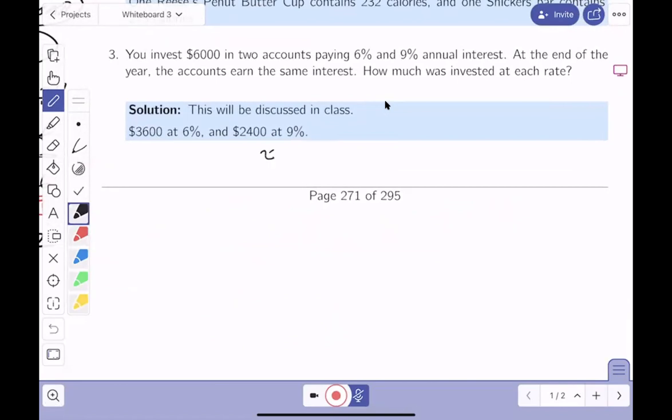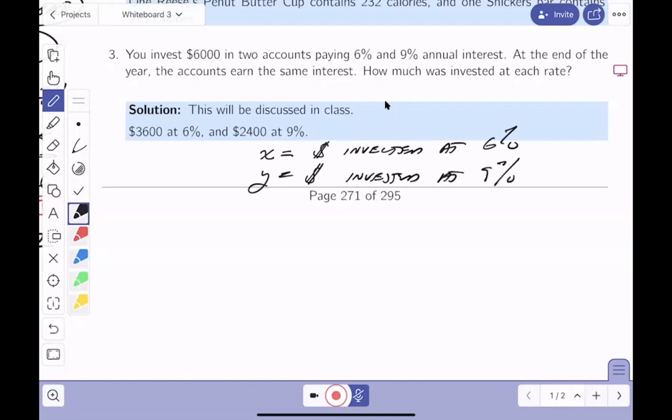I'm going to say X is the amount of money invested at 6%. And I'm going to say Y is the amount of money invested at 9%. And what do I know? I know the amount of money invested at 6% and the money invested at 9% was $6,000. What else do I know?